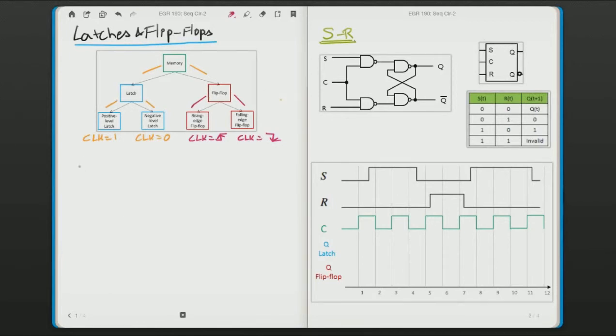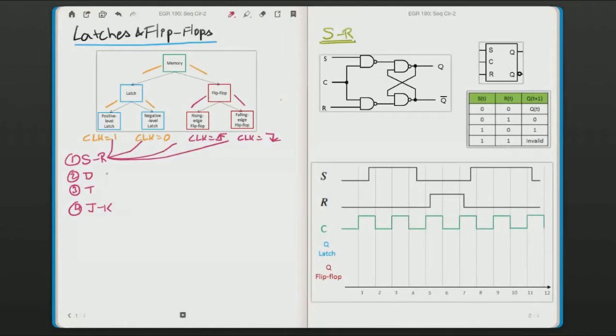In terms of types, there are multiple types. The first one is the SR, the second one is the D type, the third one is the T type, and the fourth one is the JK. So again, from this SR, we have SR positive level latch, SR negative level latch, SR rising edge flip-flop, SR falling edge flip-flop.